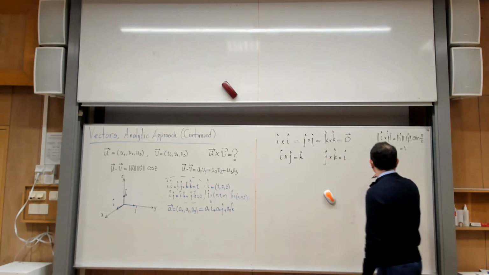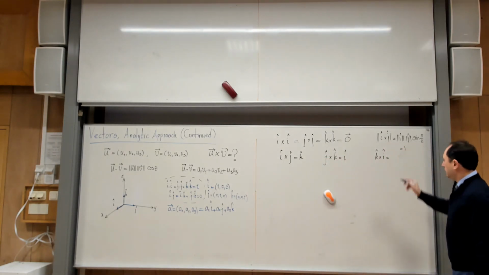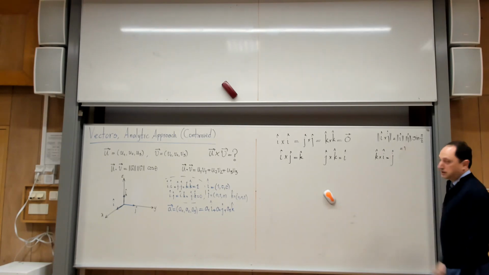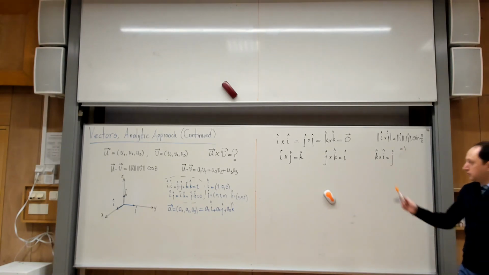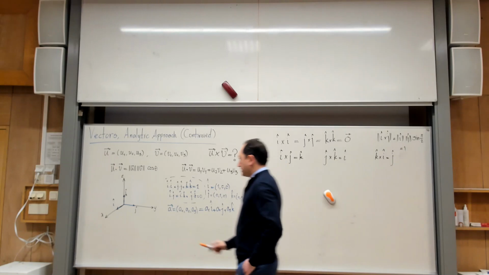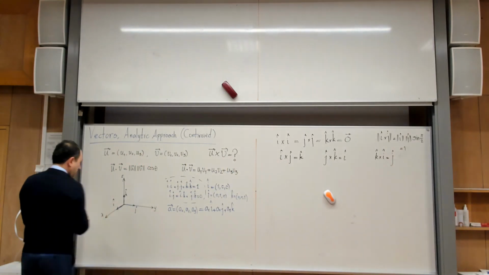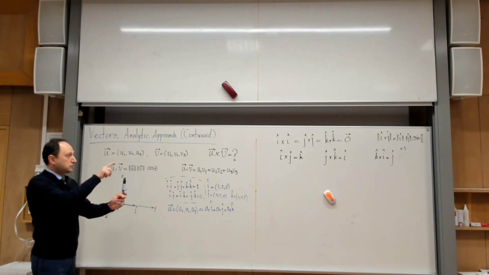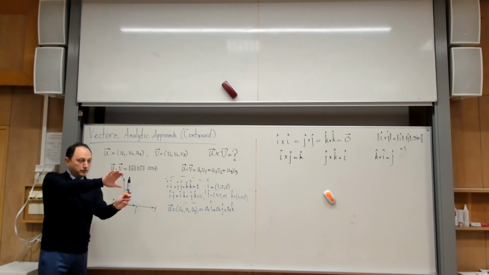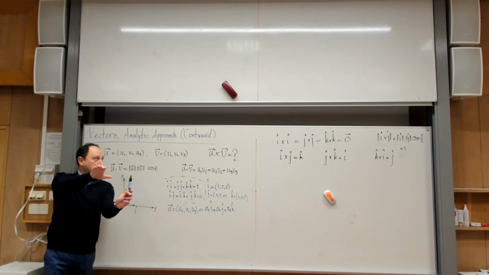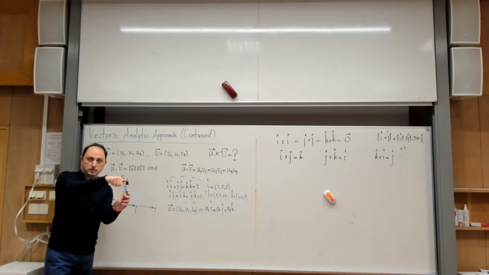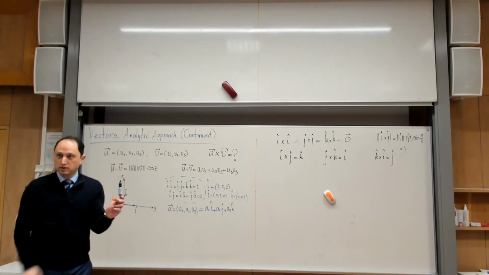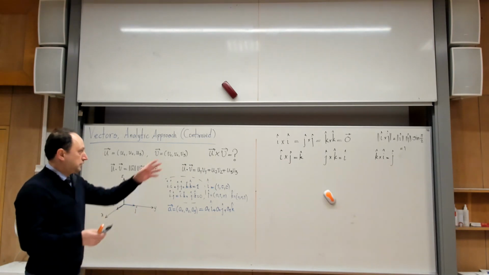And what is k cross i? I hope you agree that this is exactly j. But I want you to check the directions, please. This is i, and this is k. To write k cross i, I have to bend my fingers so that k goes to i, and it points in the direction of j. So hopefully you are convinced.